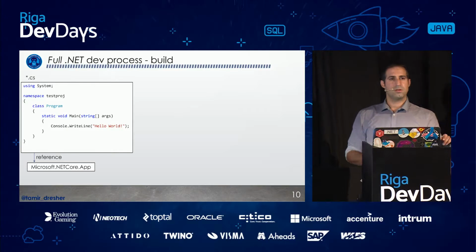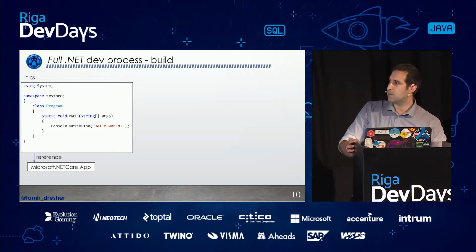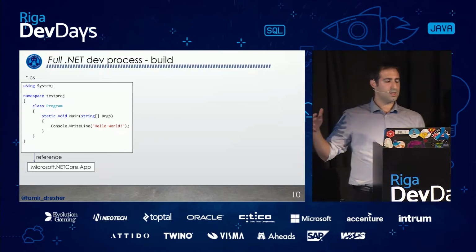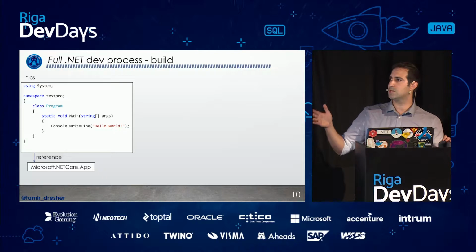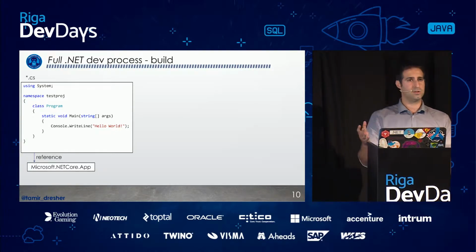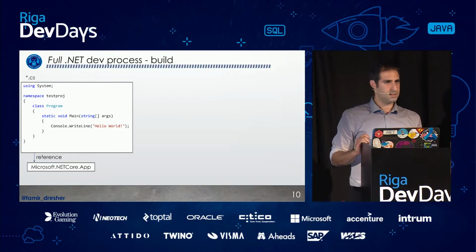Now, let's take the same example, with the same CS file, but instead of referencing the MS Core lib, we're actually going to reference a package, which is Microsoft.NETCore.App. This package is a meta package, which only includes the other dependencies that we need to run our application.